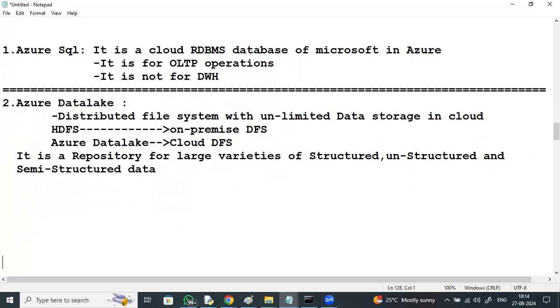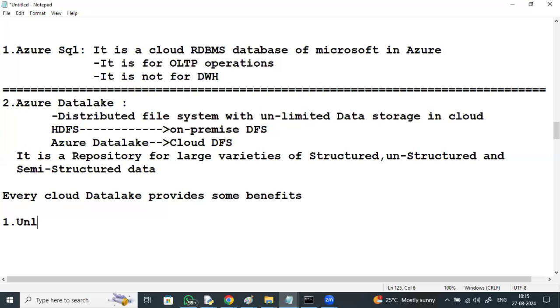Generally, if you talk about a data lake, every data lake provides some benefits. We are talking not only about Azure Data Lake, but any other cloud data lake. The first main benefit is unlimited data storage.